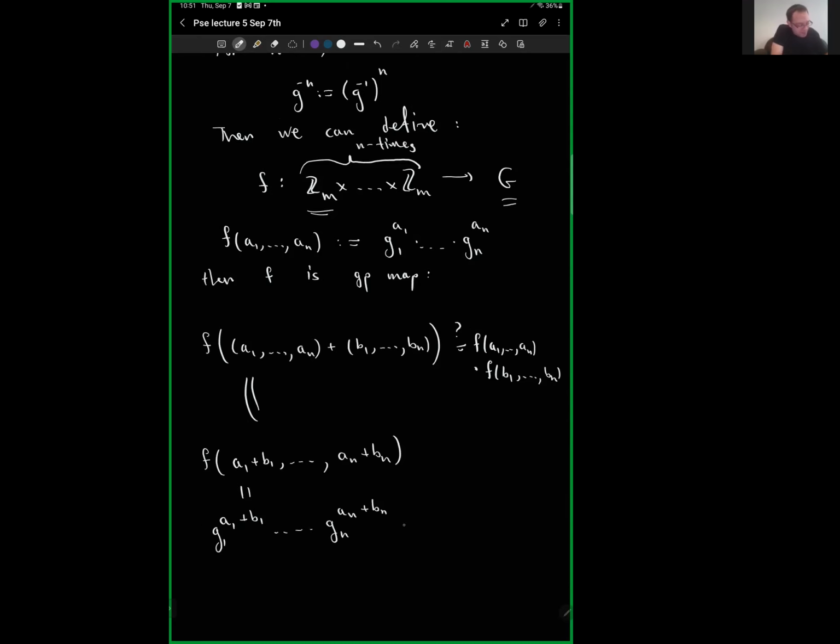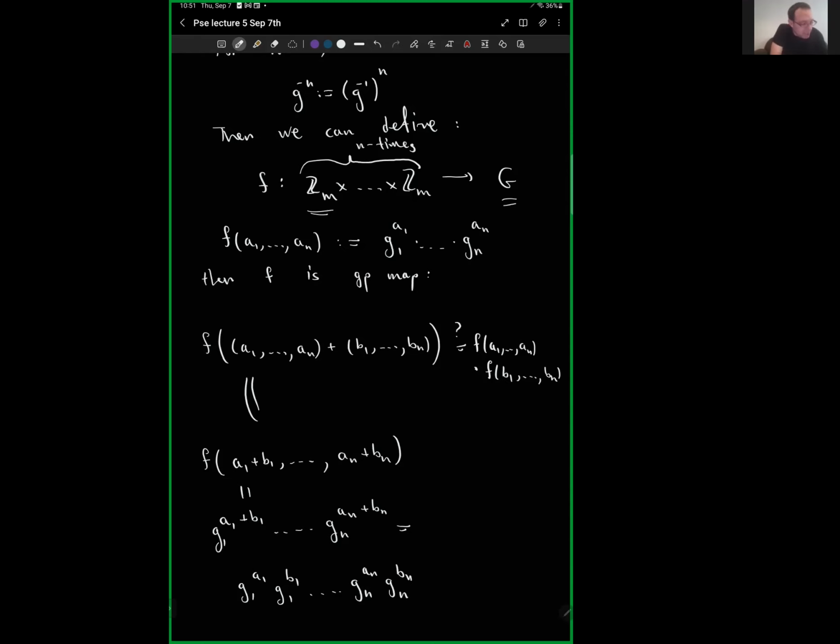This I can decompose to g1 to the a1, g1 to the b1, up to gn to the an, gn to the bn.